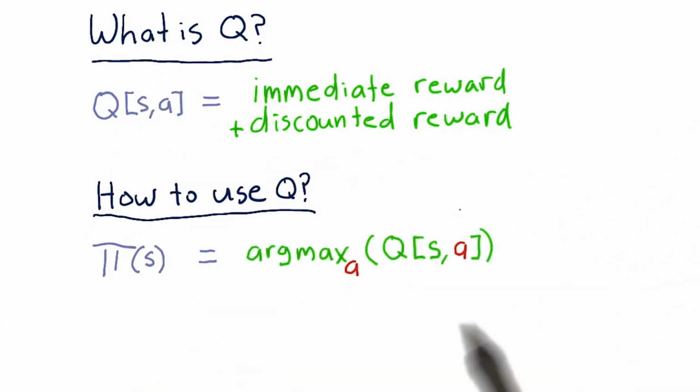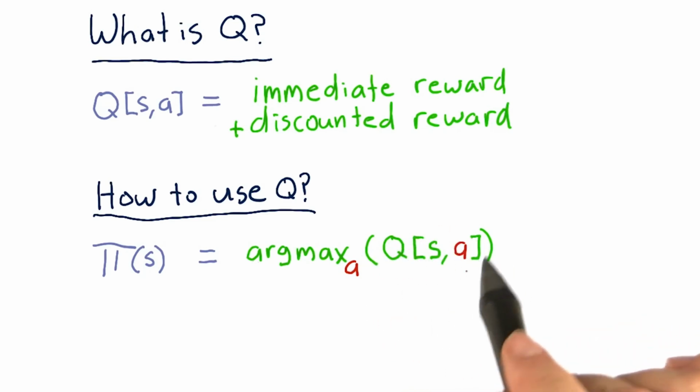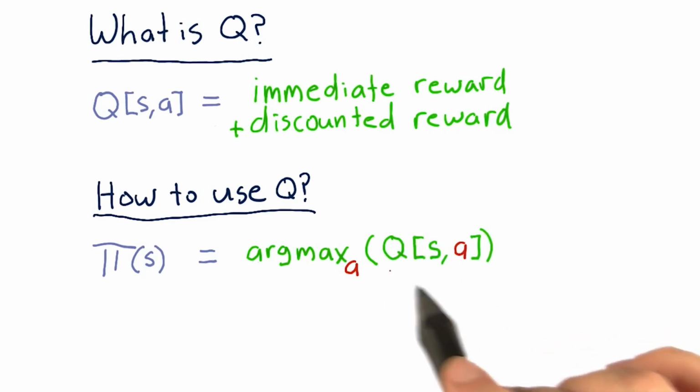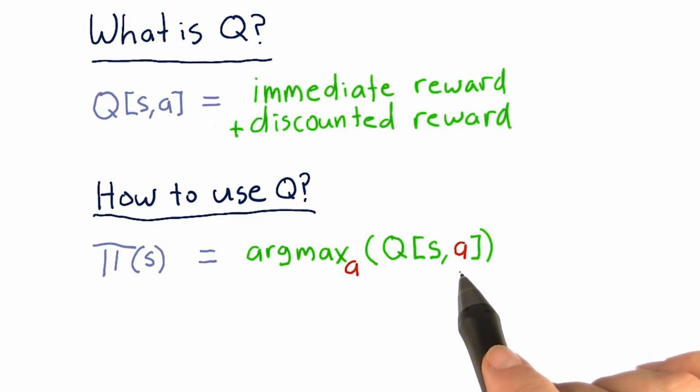Here's how it works. We're in state S, and we want to find out which action is the best. Well, all we need to do is look across all the potential actions and find out which value of Q of S, A is maximized. So we don't change S, we just step through each value of A, and the one that is the largest is the action we should take.